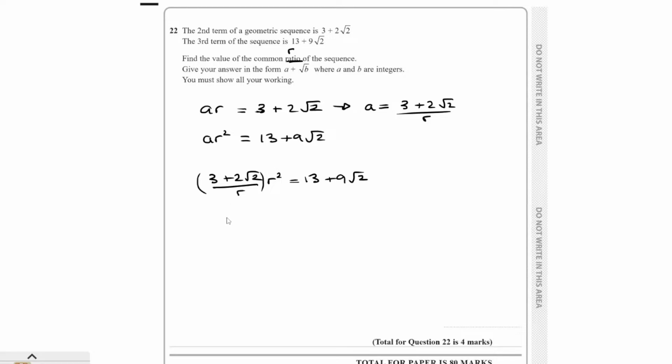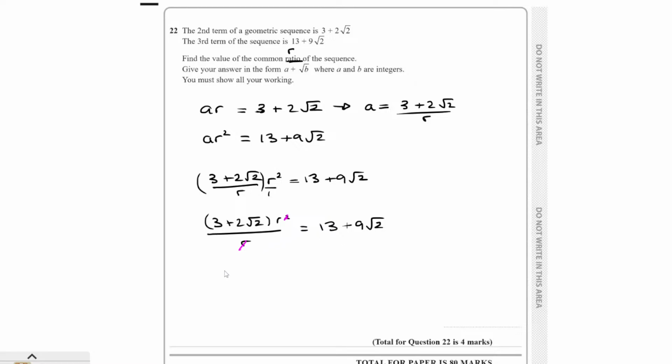So if I were to write this as a single fraction, the R squared goes in the numerator, only the numerator, because it's technically, as always, R over 1. And then you see how we could cancel out, and this would cancel, so you'd be left with just an R in the numerator, which is equal to this other one here, 13 plus 9 root 2.